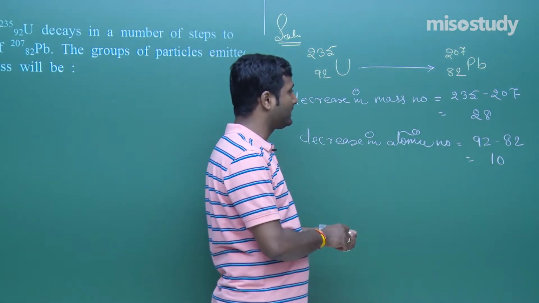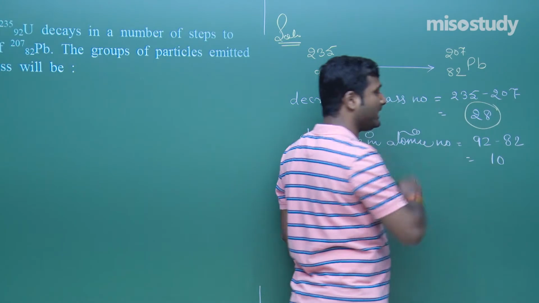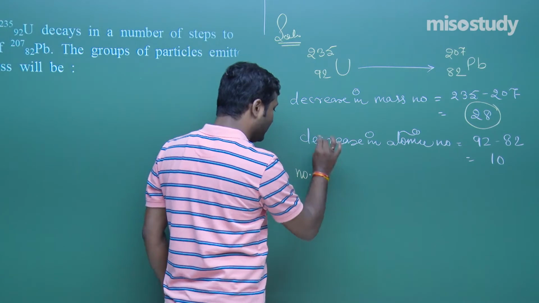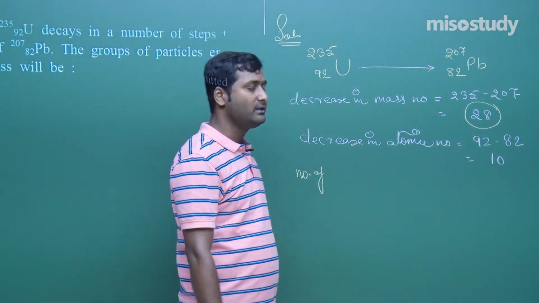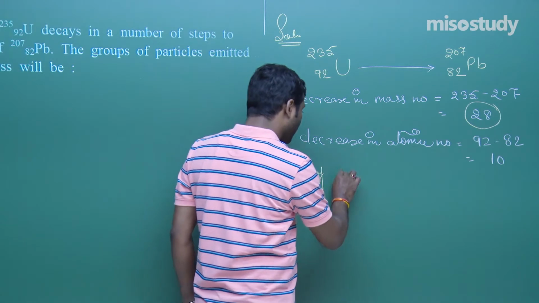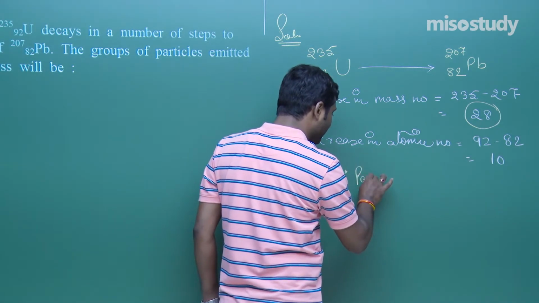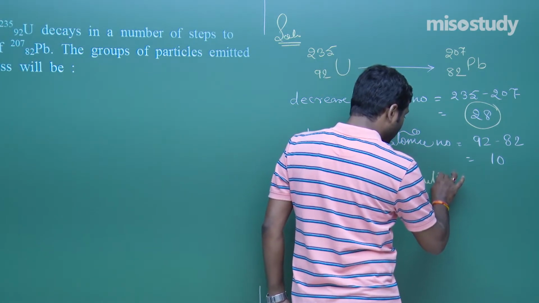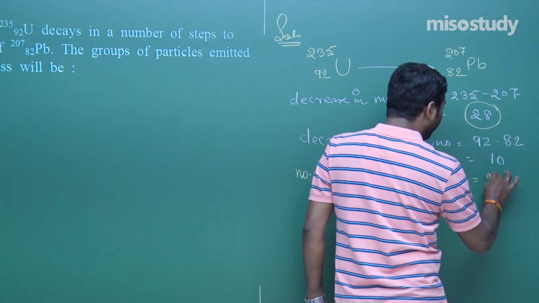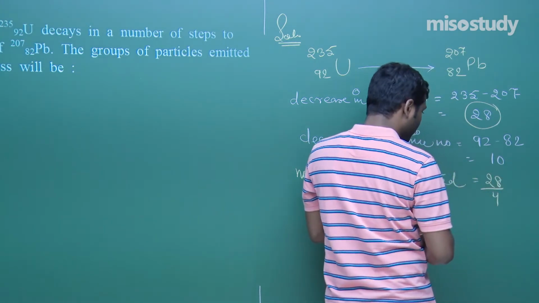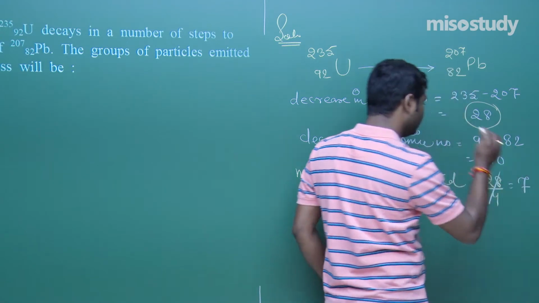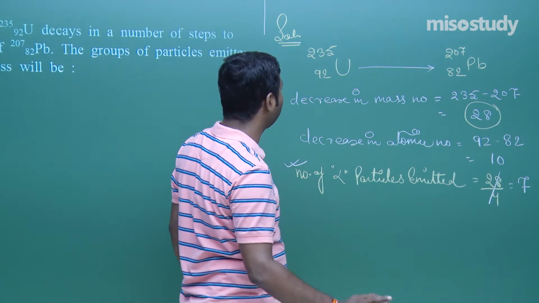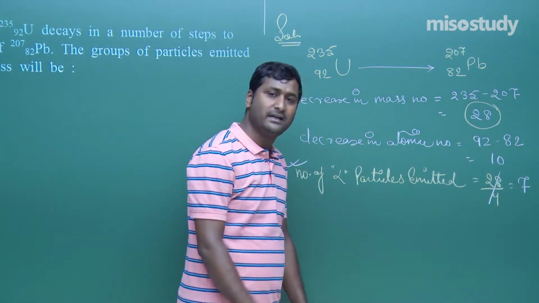If there is a decrease in mass number of 28, then we know only the alpha particle brings a decrement in mass number. So the number of alpha particles emitted is equal to 28 divided by 4, that is equal to 7. Am I right? Yes, sir. We can easily say the number of alpha particles emitted is 7.